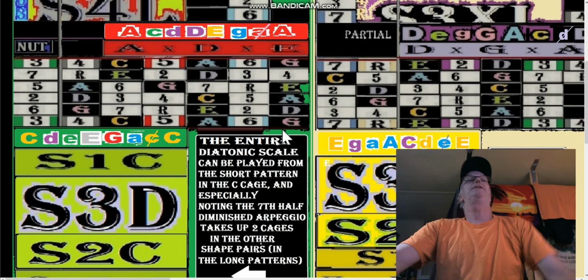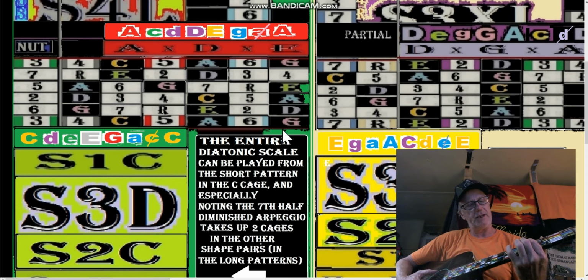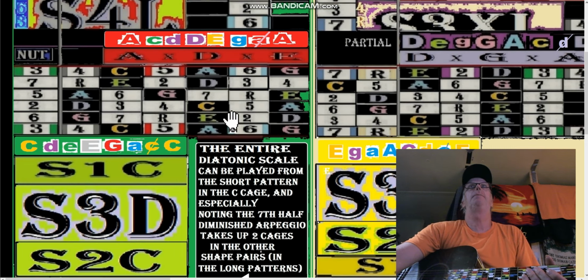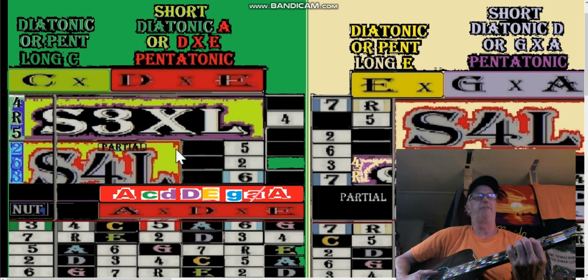So remember, C is the only cage that we can play a diatonic scale in a short pattern. We can also do it in the long pattern just for the fun of it, by playing an S3XL starting from the 3, obviously, because we're starting from that C string shape.